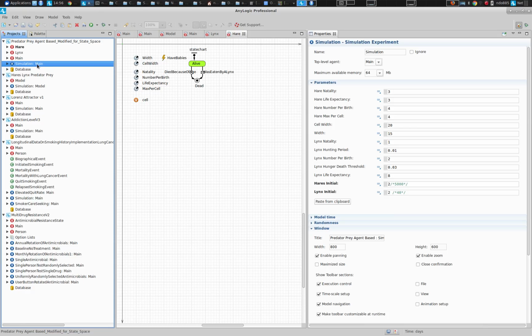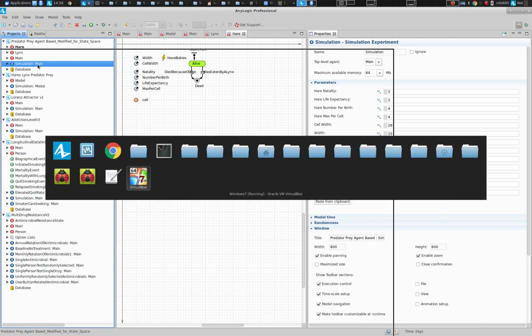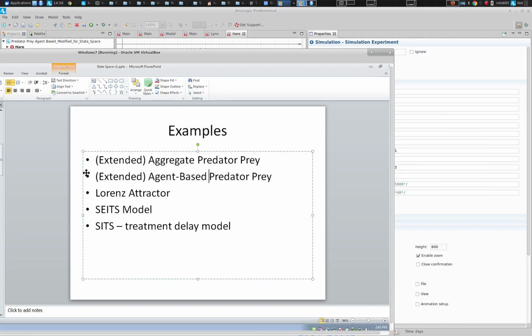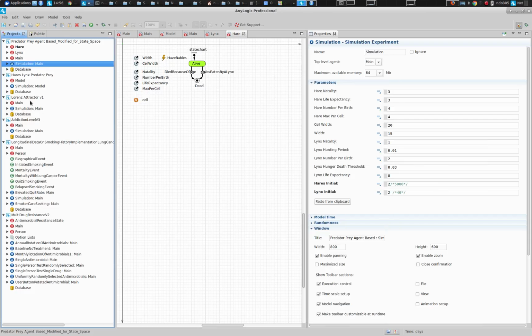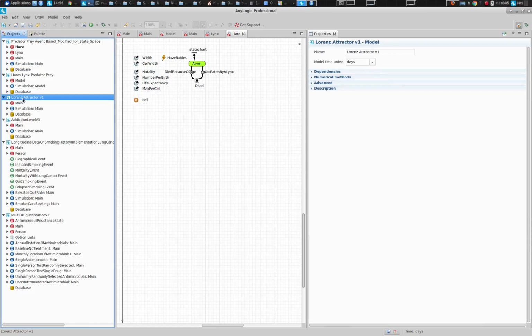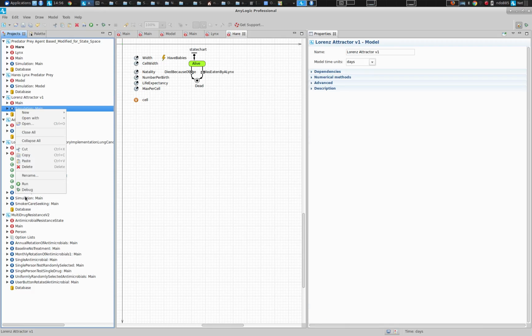Okay, ladies and gentlemen, what I'd like to do now is to open up a third model. This is called the Lorenz Attractor. Now, this model is of considerable intellectual interest for several reasons.